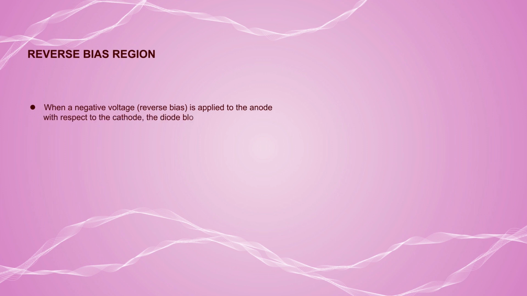Now, second is the reverse bias region, which we have seen in the figure in the third quadrant. When a negative voltage or a reverse bias is applied to the anode with respect to the cathode, the diode blocks the current flow. So, in this region, the diode acts as an open switch and it offers very high resistance to the flow of current.